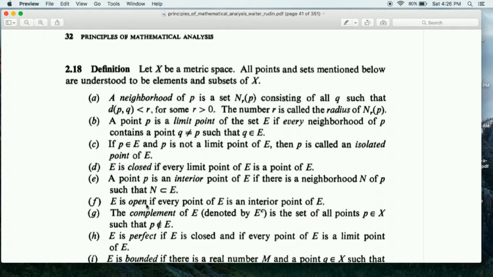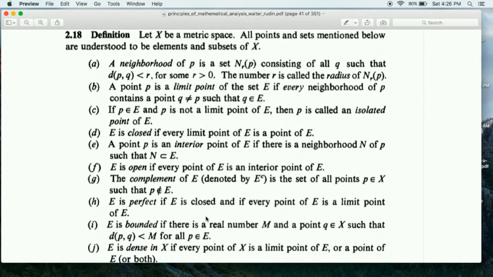And E is open if every point in E is an interior point. So E is open if for every point we can find a ball wholly lying in E. What is the complement of a set? The complement of a set is all those points which do not lie in the set.